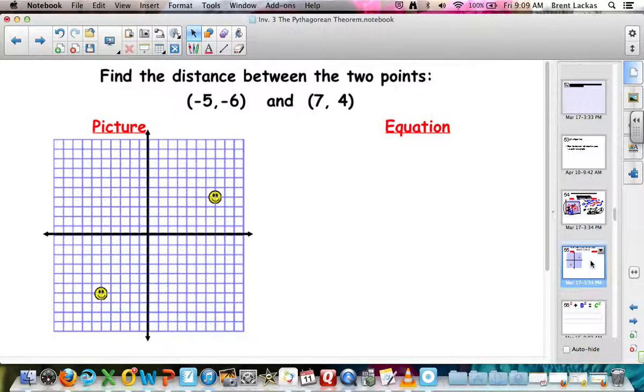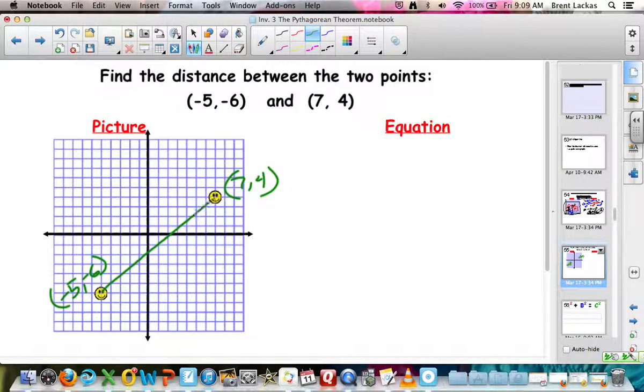Second problem. We have 2 points, -5, -6, and we have the point 7, 4. And what we're doing is trying to find the distance between these 2 points.